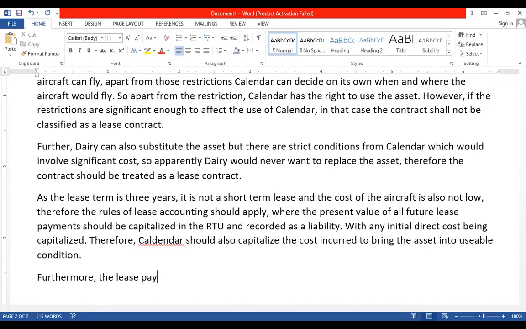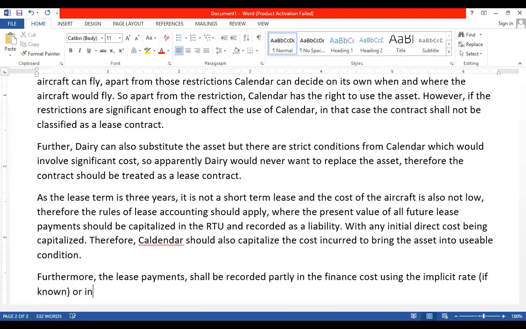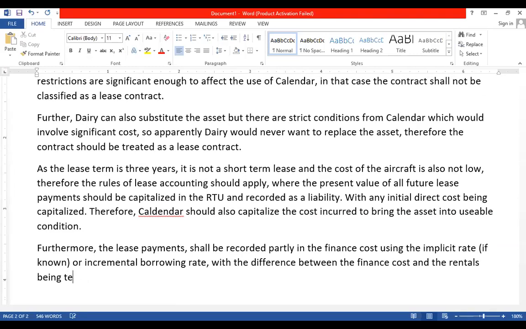Furthermore, the lease payments shall be recorded partly in the finance cost using the implicit rate if known, or the incremental borrowing rate. The difference between the finance cost and the rentals is treated as a repayment of lease liability.